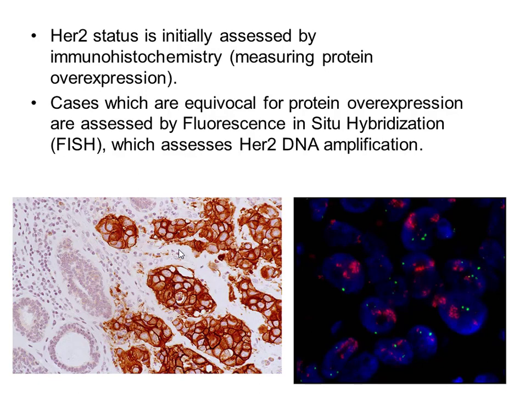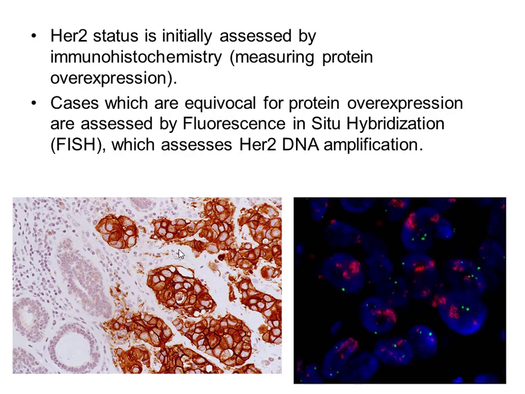Cases which are equivocal for protein overexpression are assessed by fluorescent in situ hybridization, which assesses HER2 DNA amplification. So when we give the conclusion for HER2 status, we can talk about HER2 negative, HER2 lower expression like 1+, or HER2 overexpression like 3+.